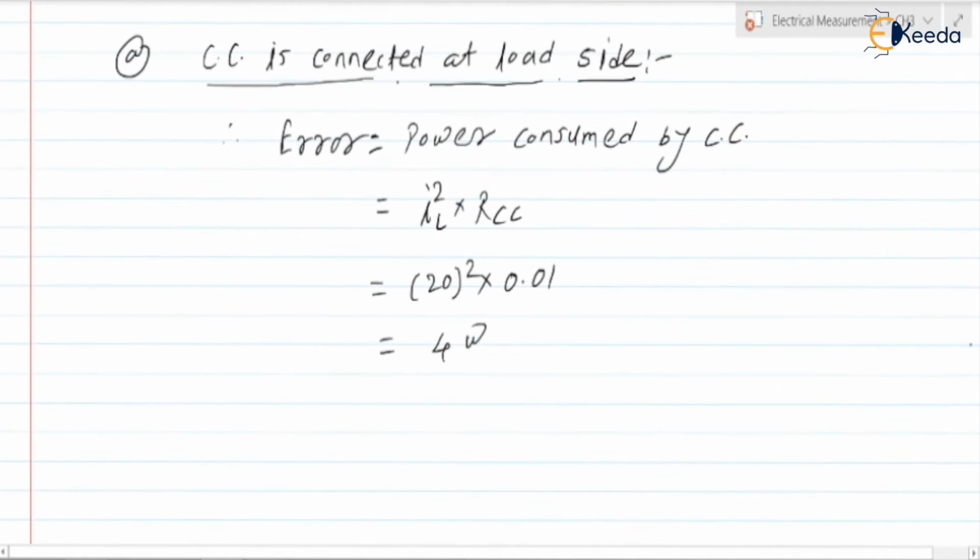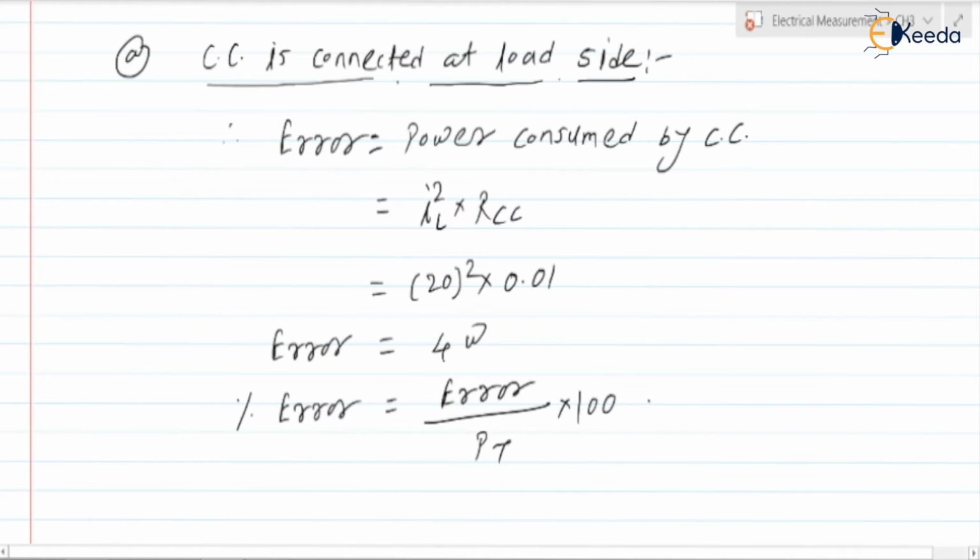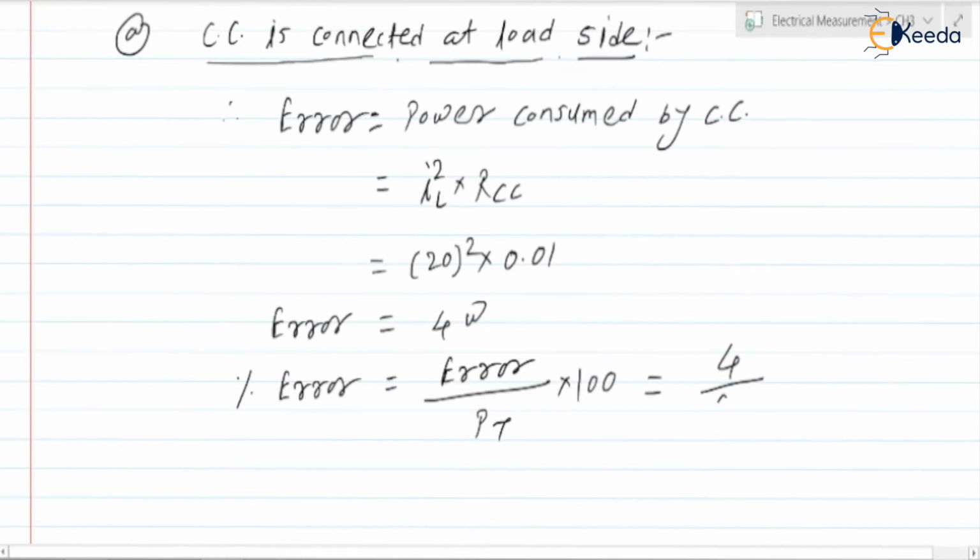Next, percentage error is equal to error divided by true power, that is PT, into 100. So we can write it as 4 divided by 600 into 100, which is equal to 0.66%.